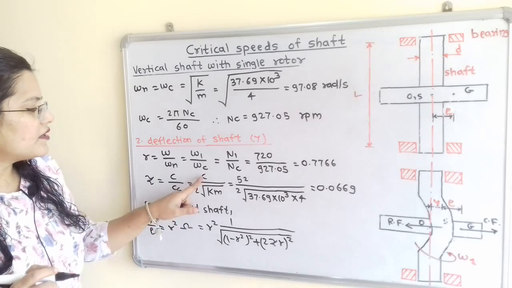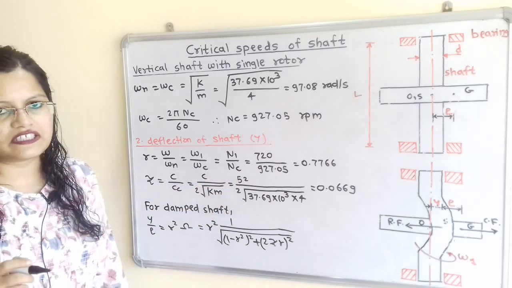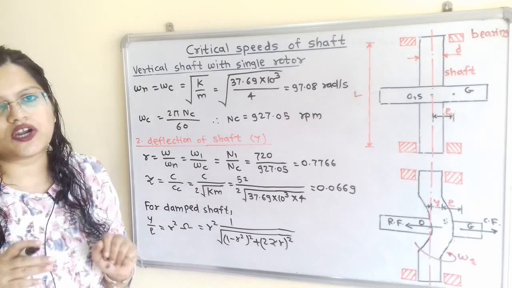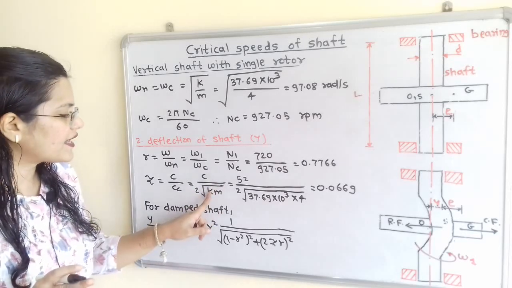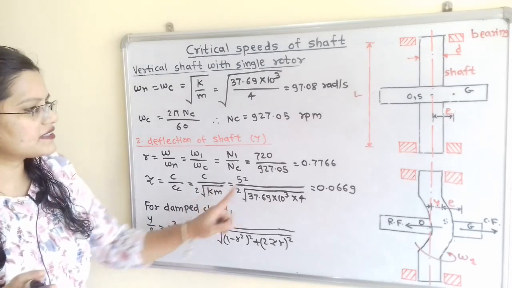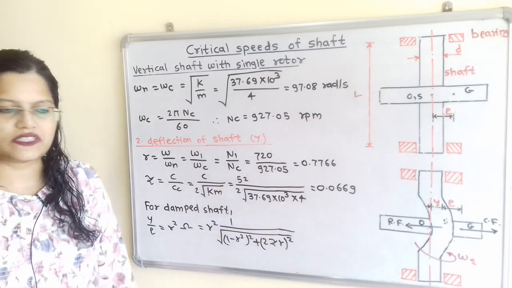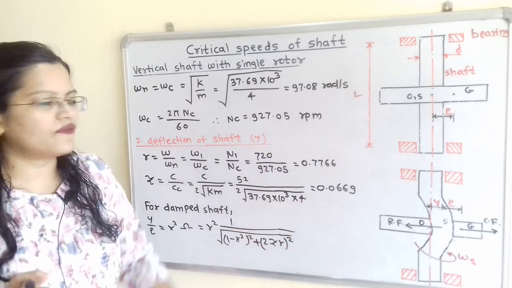Now we find the damping factor zeta, which is equal to c by cc. The damping coefficient c is 52, and the critical damping coefficient Cc is not mentioned, so we use the formula 2 square root of K into M, where K is 37.69 into 10 raised to 3 and M is 4.